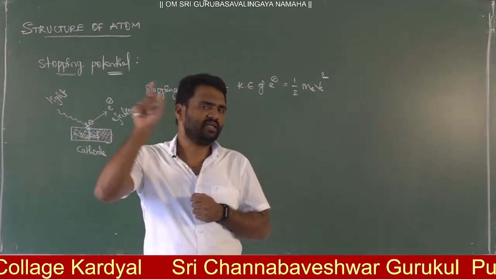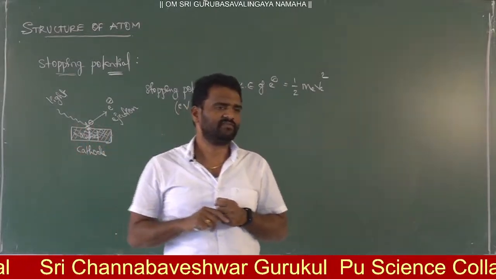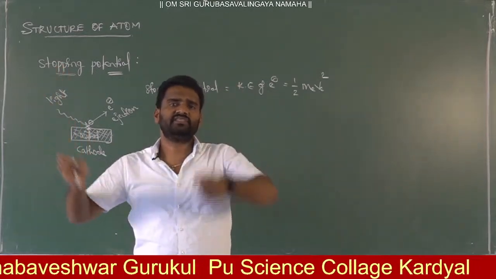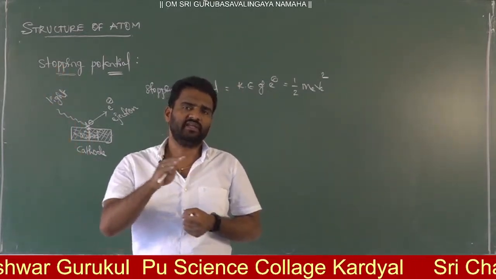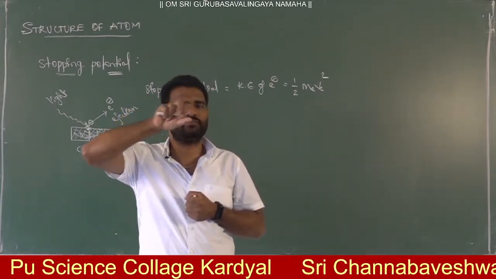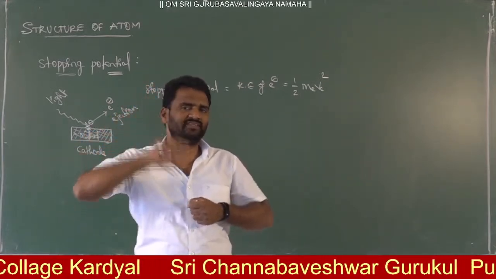Why? Because temperature is directly proportional to energy, and energy is inversely proportional to wavelength. So, for example, if we heat a metal at 500 degrees Celsius, the metal will absorb energy and convert into a color, that is red.